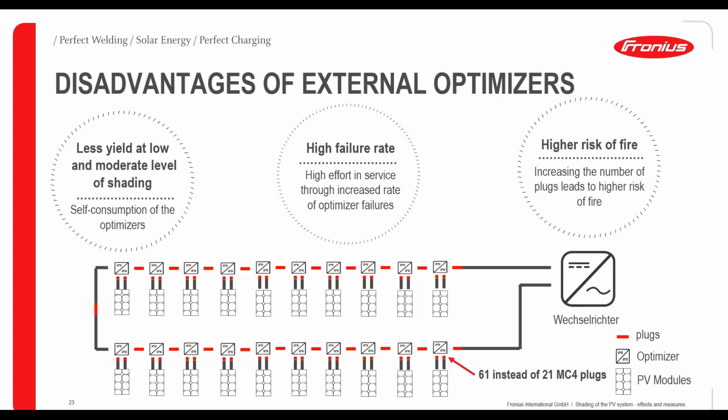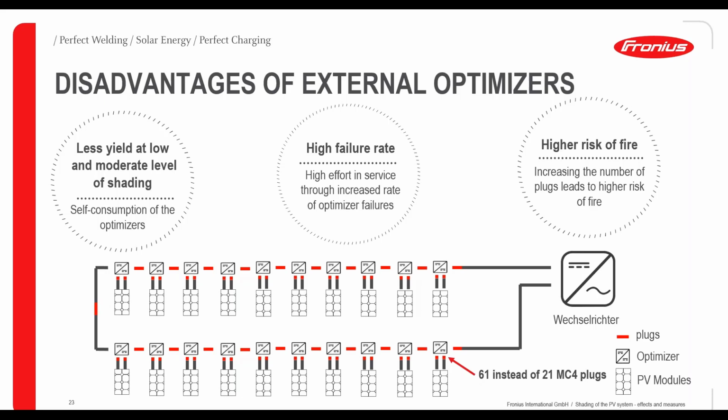And the last thing I want to mention is actually the higher risk of fire, because usually we talk about a still very, very low chance of fire on PV systems in general. But when we compare those fires we have on PV systems right now, there is a study on this as well.